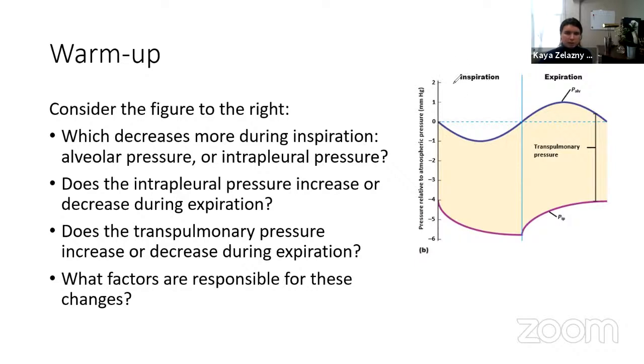So over inspiration, breathing in, expiration, breathing out. On our x-axis here, it's really time, and we've shown the time spent during inspiration and the time spent during expiration. And our y-axis here is our relative pressure. When we say relative pressure, we're talking about relative to atmospheric pressure.